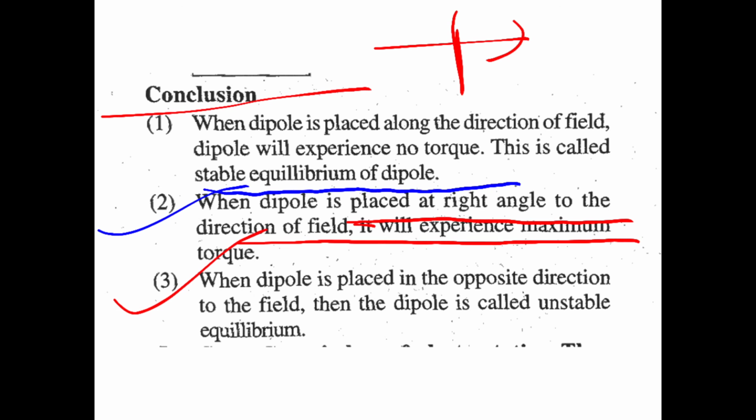Or when the dipole is placed in the opposite direction to the electric field, then the dipole is in unstable equilibrium. One is stable equilibrium, another is maximum torque, and last is unstable equilibrium. Unstable equilibrium is when the dipole is placed in the opposite direction to the electric field.